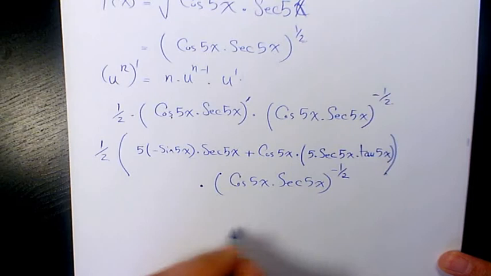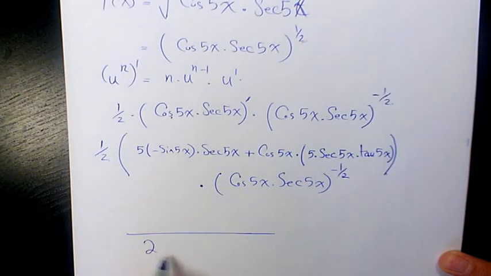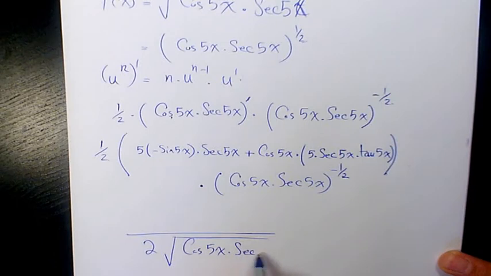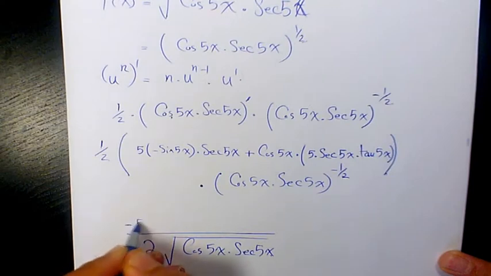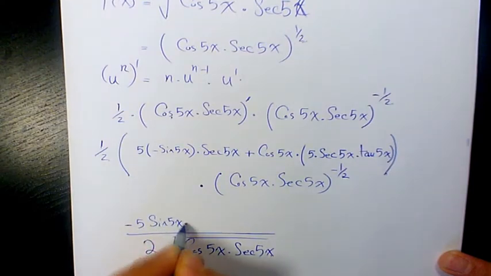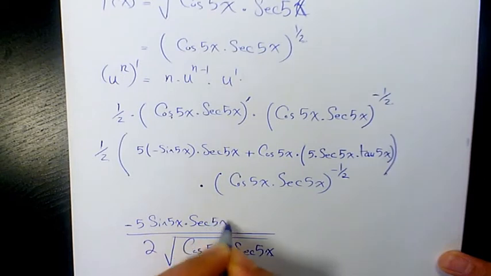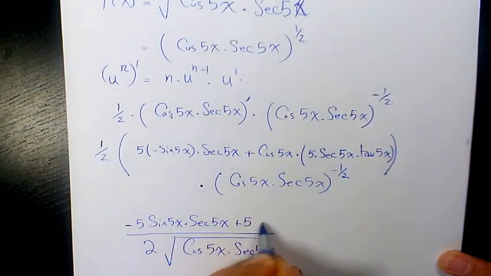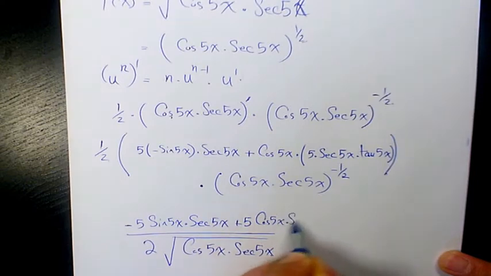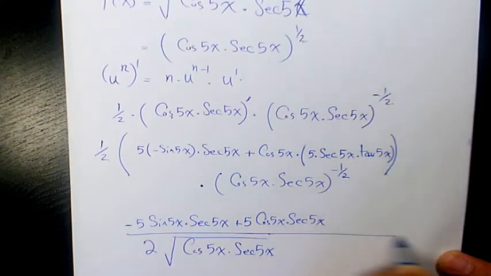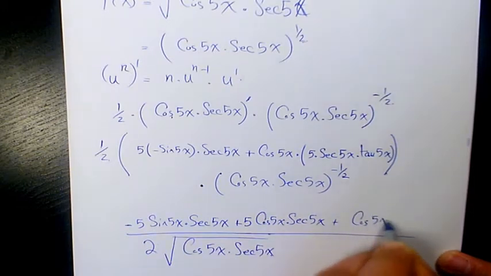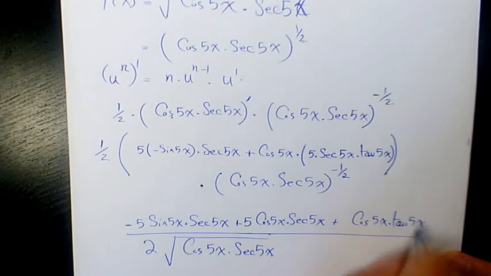Then you have in the denominator 2 square root of cosine 5x secant 5x. In the numerator I have negative 5 sine 5x secant 5x plus 5 cosine 5x times secant 5x times tan 5x.